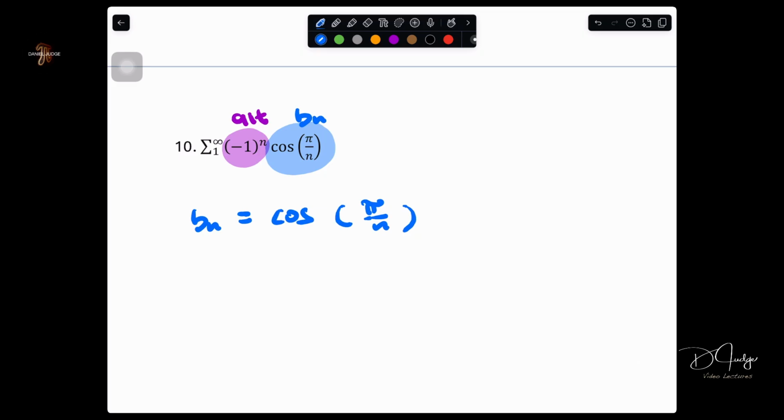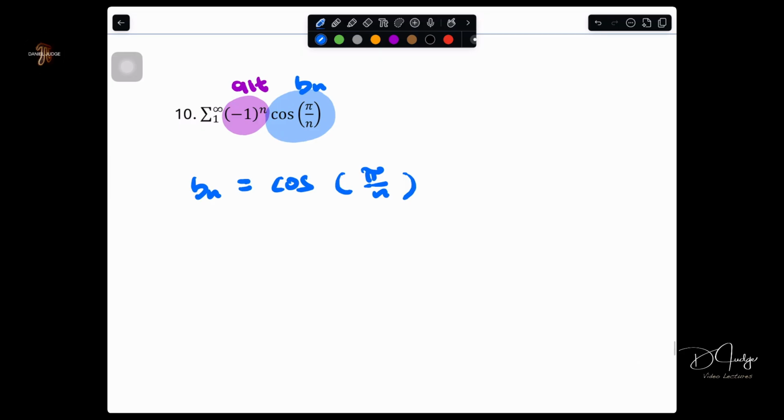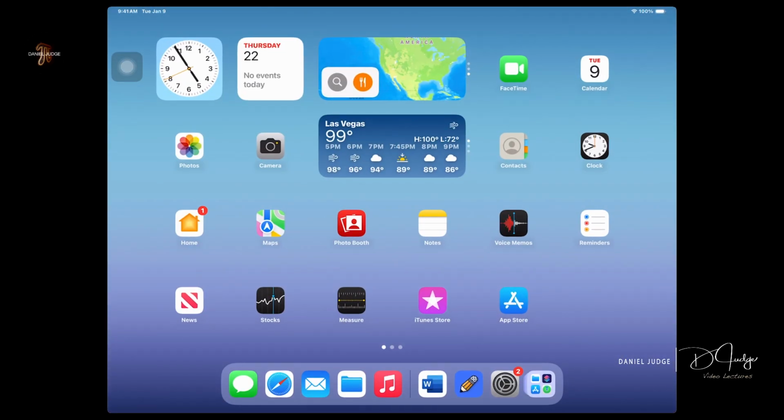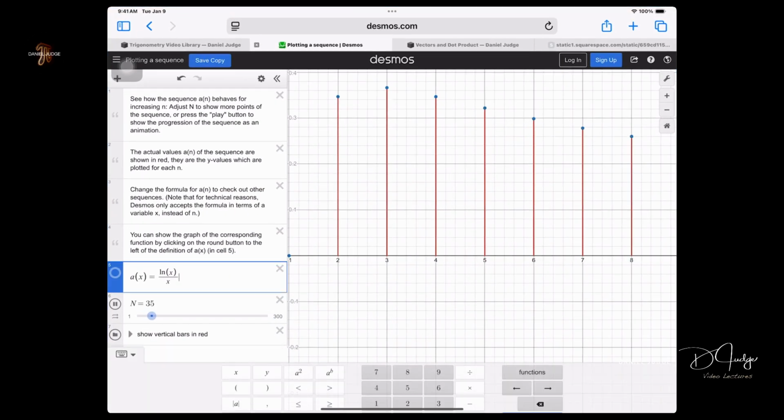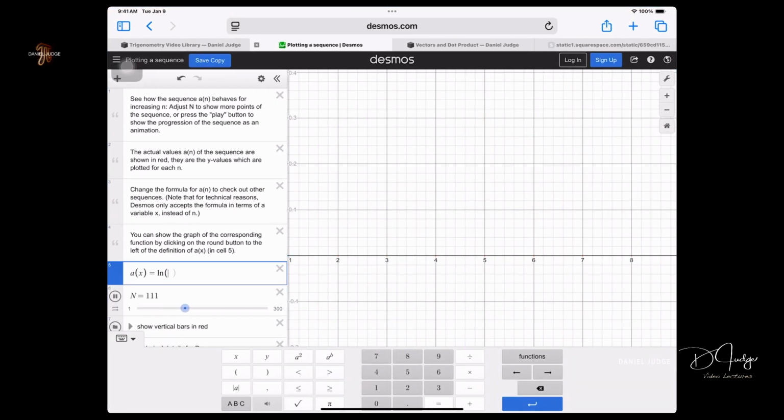Okay. Well, I think we have an issue here, maybe. Cosine pi over n. Take a look at what's happening here.